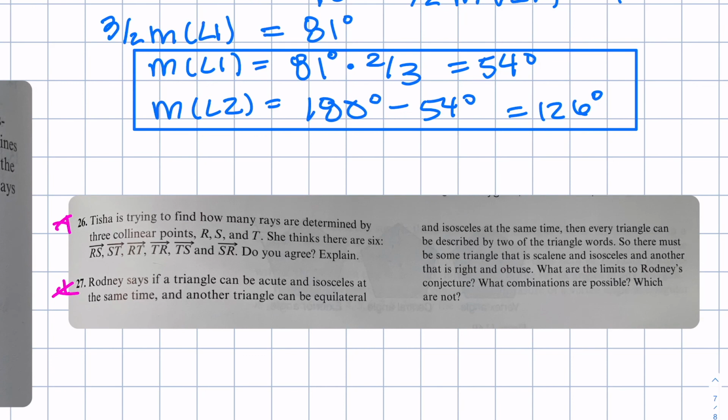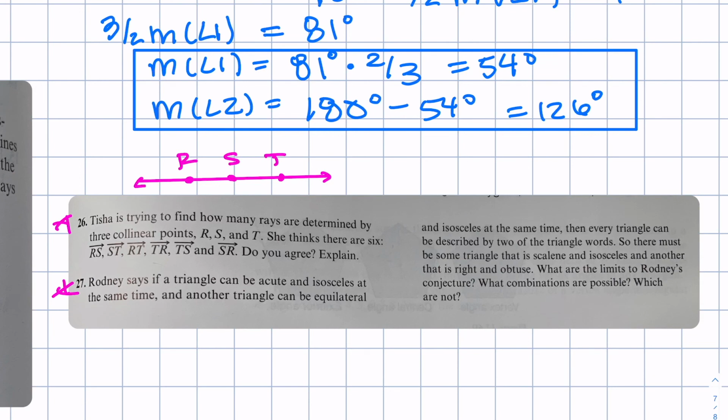Trisha is finding out how many rays are determined by 3 collinear points R, S, and T, and she thinks there are 6. So she wants to know if you agree. So basically she's looking at 3 collinear points R, S, and T, and she says that there are 6 different rays here.